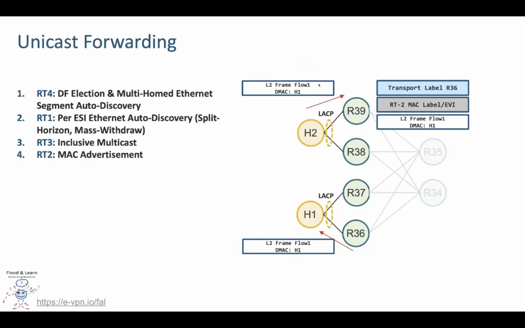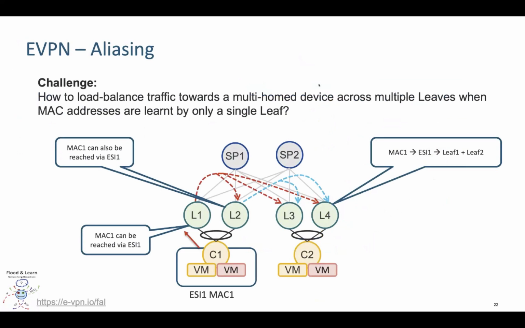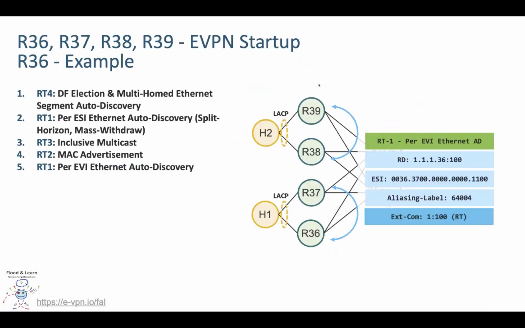So for this part, we are using the route type 1 per EVI, which will basically advertise the label of the EVI 100 from router 37 in this example. Basically, again, all of the routers say, hey, we are using this label for this particular bridge domain.